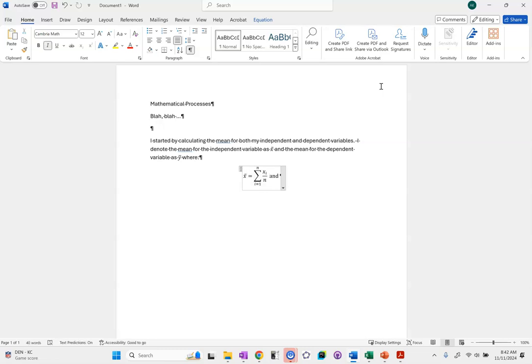And then if I highlight it and just unitalicize it, it'll be like a regular typeface, and then I'm just going to update the x's into y's.